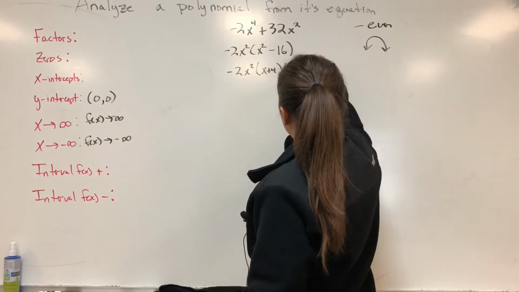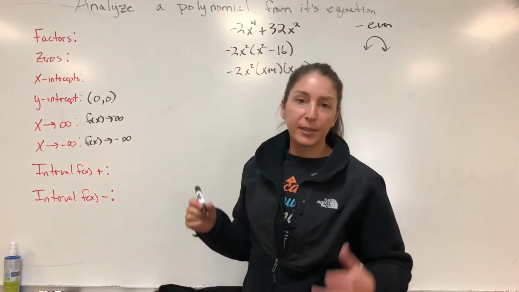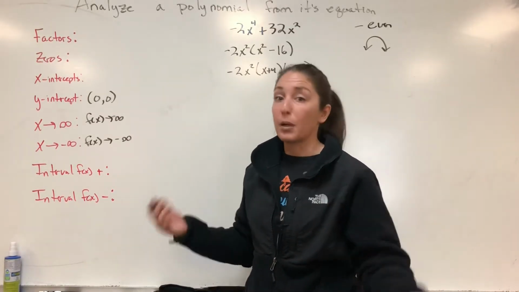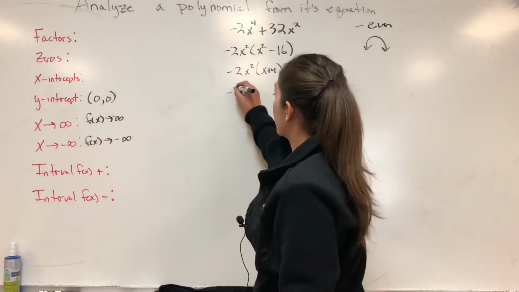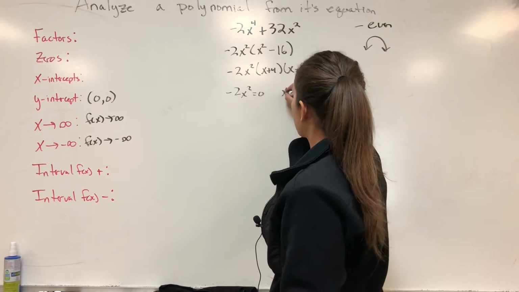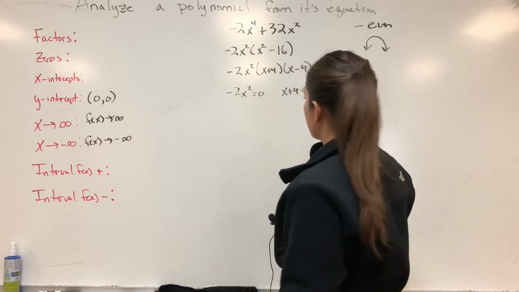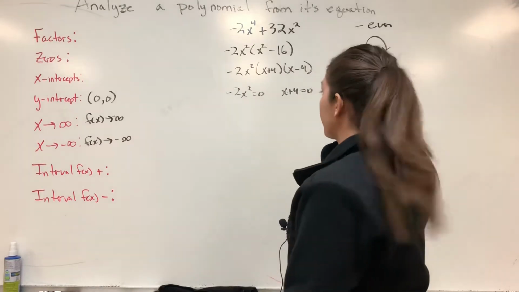To find the zeros, we now need to set everything equal to 0 and figure out where x would be 0. Negative 2x squared equals 0, x plus 4 equals 0, and x minus 4 equals 0.